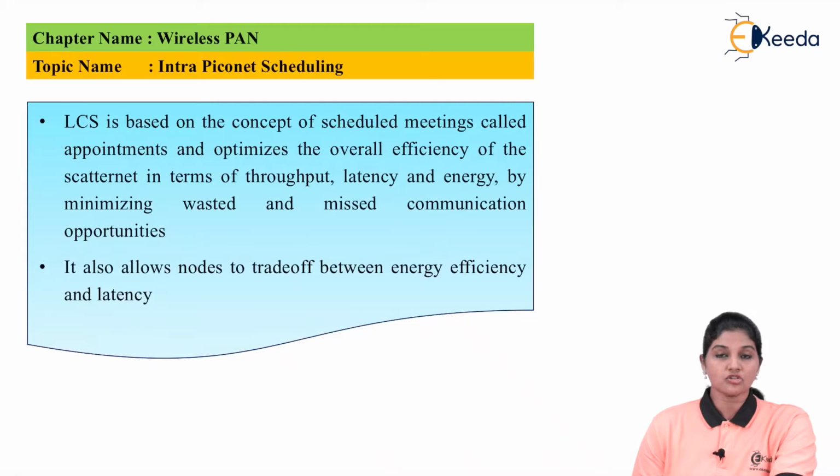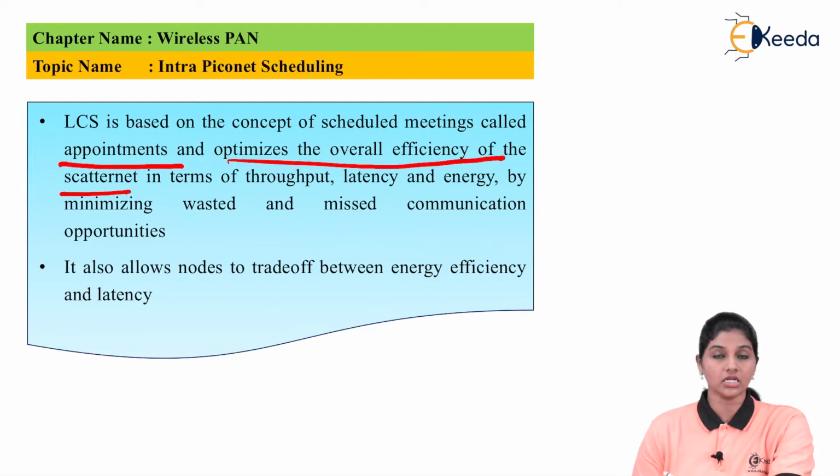The LCS is based on the concept of scheduling meetings, and those meetings are called appointments. It optimizes the overall efficiency of the scatternet in terms of throughput, which is the maximum data transfer rate. It is also calculated in terms of latency, that means the delay that occurs in the communication process, and energy, that means how much power consumption is incurred by using this method.